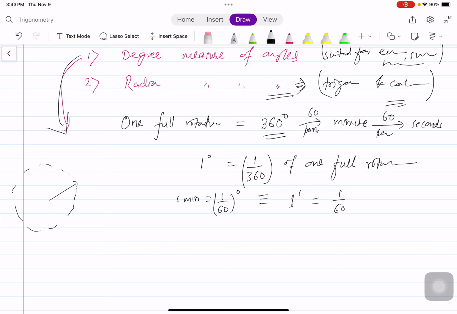And 1 second, written in this fashion as a double prime, equals 1 over 60 minute. And if you convert it further into degrees, it is 1 over 3600 degrees. So this is the conversion formula.